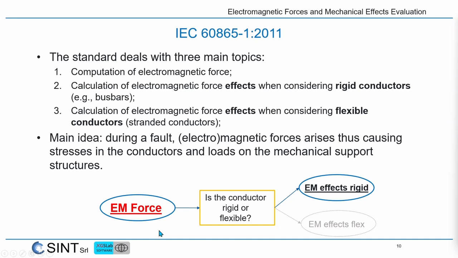So the first ingredient is the electromagnetic force, and then based on the type of the conductor, one can apply the EMF effects for rigid conductors approach of the standard, or the one for the flexible one. In the software, only the approach for the rigid conductors has been implemented and will be the focus of the continuation.